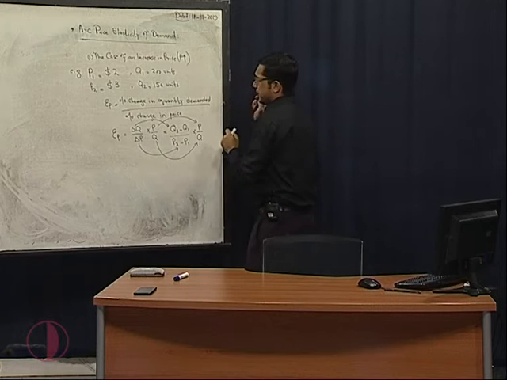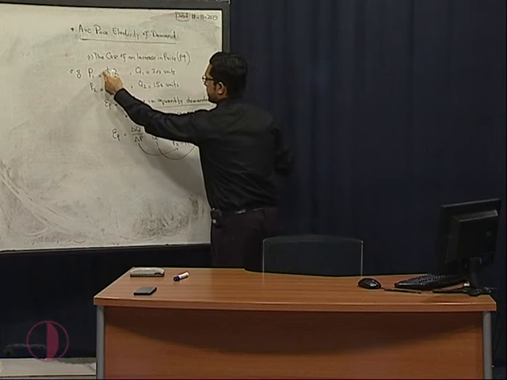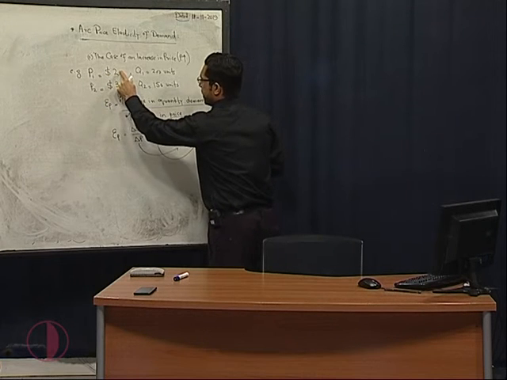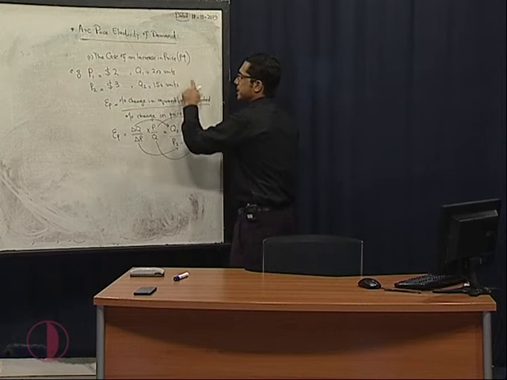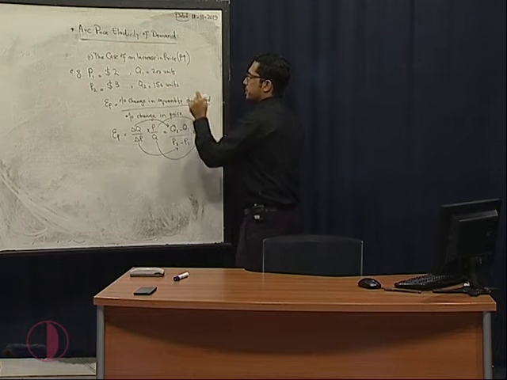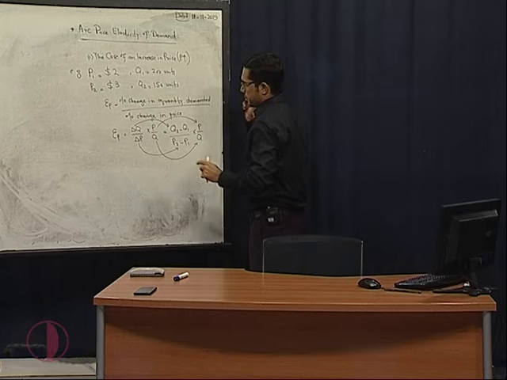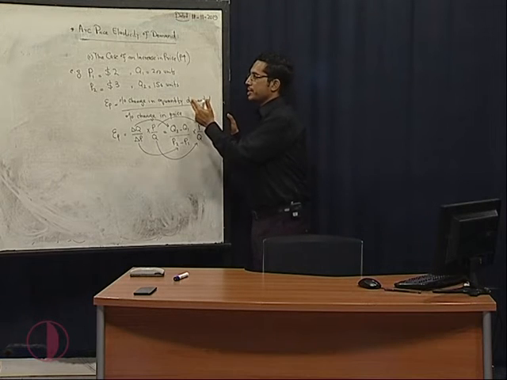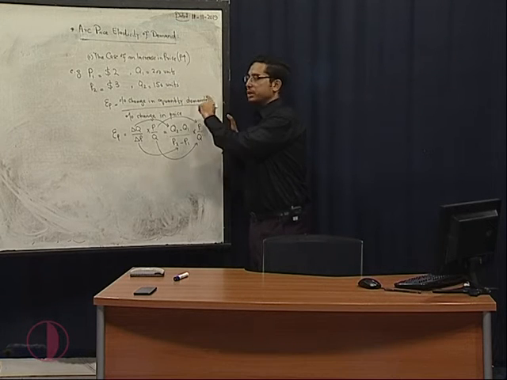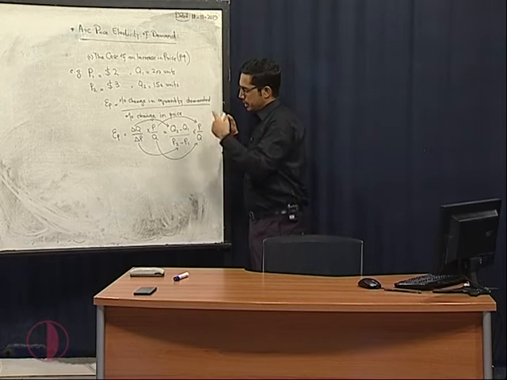The price increases from $2 to $3, and as a result the quantity demanded decreases from 200 units to 150 units. We are measuring the responsiveness of the change in quantity demanded due to a change in price.